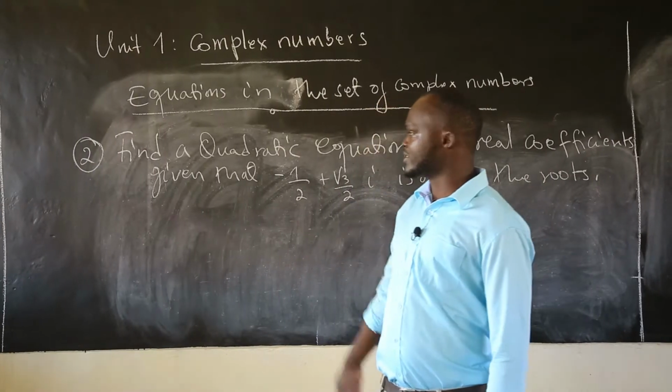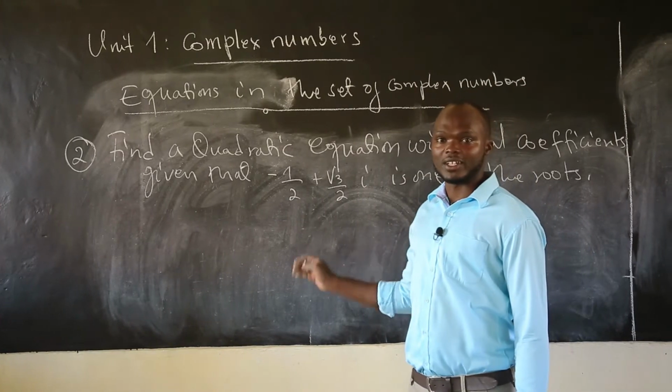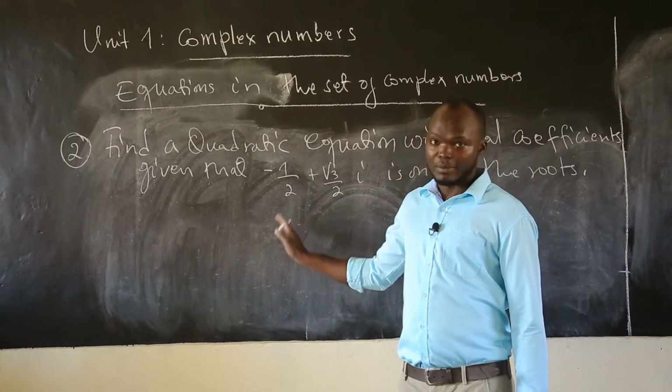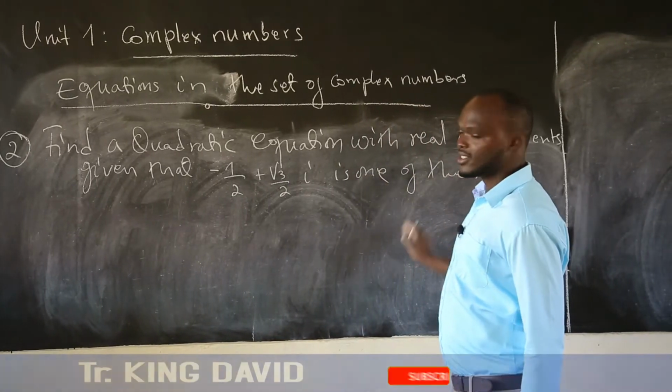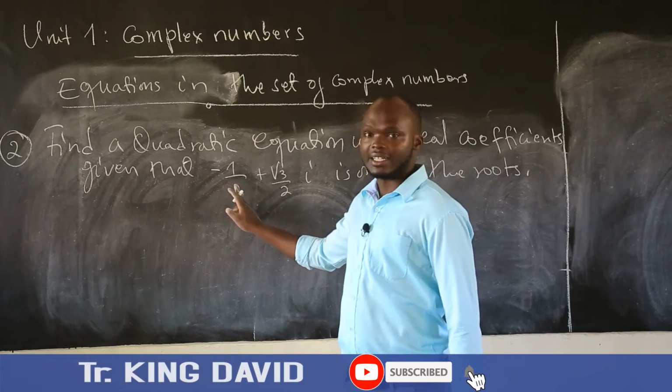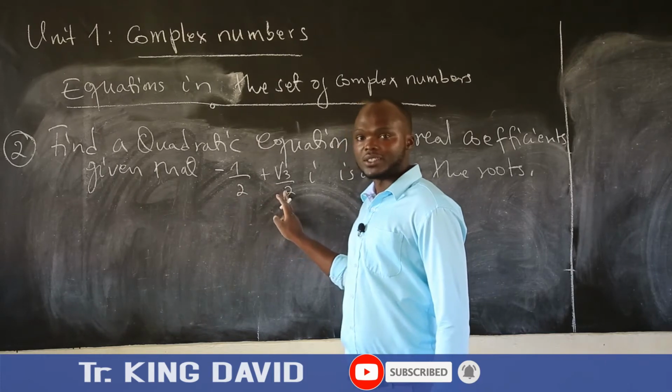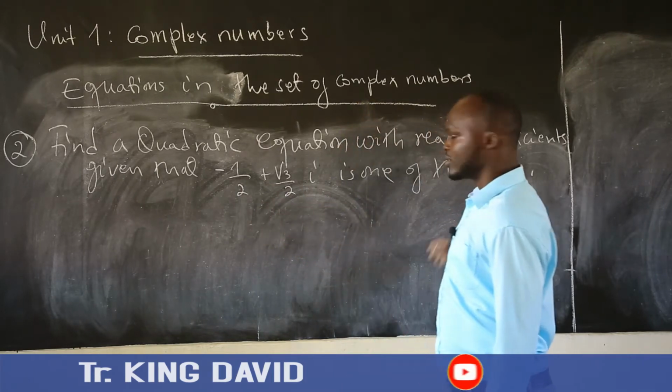Number 2 on quadratic equations. I'm going to show how you can solve quadratic equations. This is number 2. Find the quadratic equation with real coefficients given that -1/2 plus √3/2 i is one of the roots.